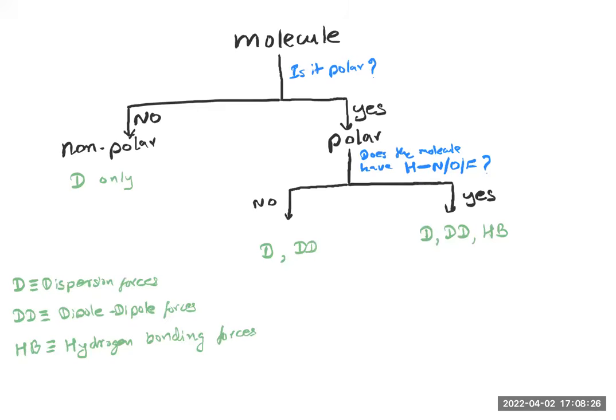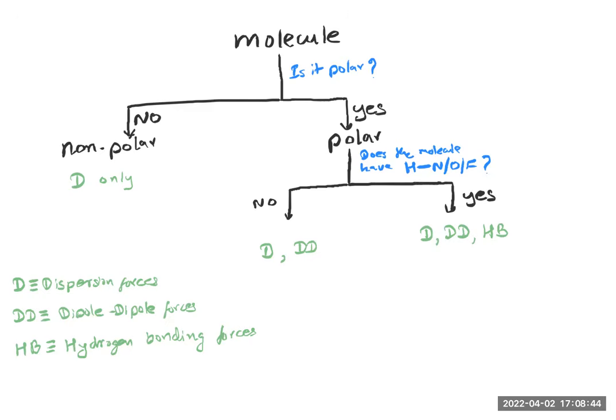And on top of that, if our polar molecule has hydrogen covalently bonded to nitrogen, oxygen or fluorine, okay, then it's going to have hydrogen bonding forces on top of dipole and dispersion forces.